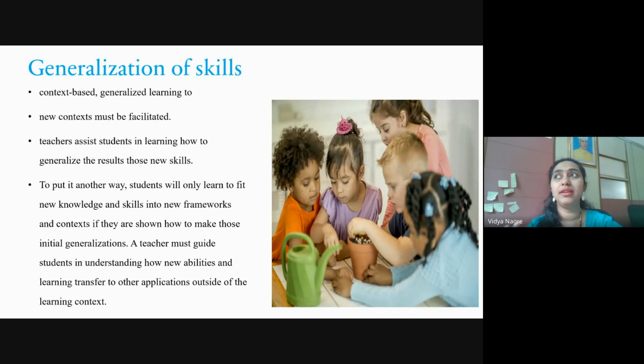Now students have learned it, so whenever they find a seed, they will start sowing and nurturing it to grow it into a plant. But not all plants are grown out of seeds. For example, roses, they have to plant the stick of a rose plant, right? So that's a new thing that they will be learning. So you have to show them that the same process of nurturing applies, and they gain the new skill.